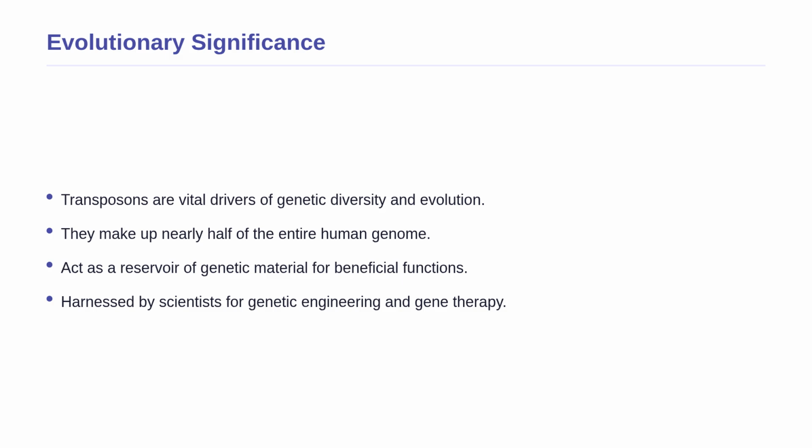In fact, nearly half of the human genome is made up of these transposable elements. They act as a vast reservoir of genetic material that evolution can occasionally repurpose for beneficial functions, such as the development of the mammalian placenta. Furthermore, modern scientists have harnessed these jumping genes as powerful tools for genetic engineering.